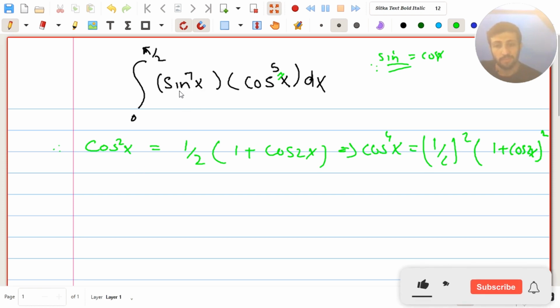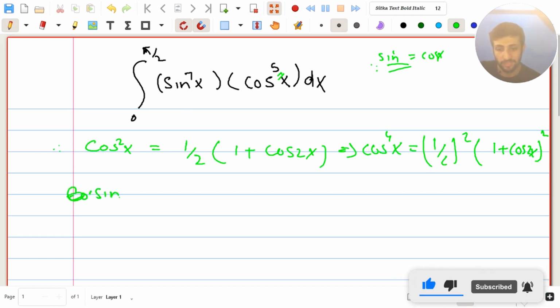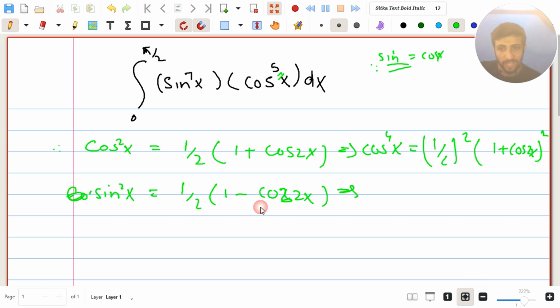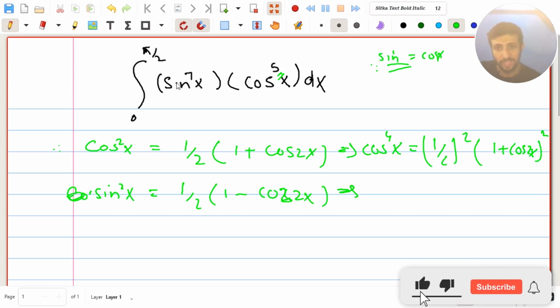Now I have to use the same kind of formula for sin 7x, and I know that sin squared x equals 1 over 2 times (1 minus cos 2x). When I cube this, as I have sin 7x, I will get sin 6x.